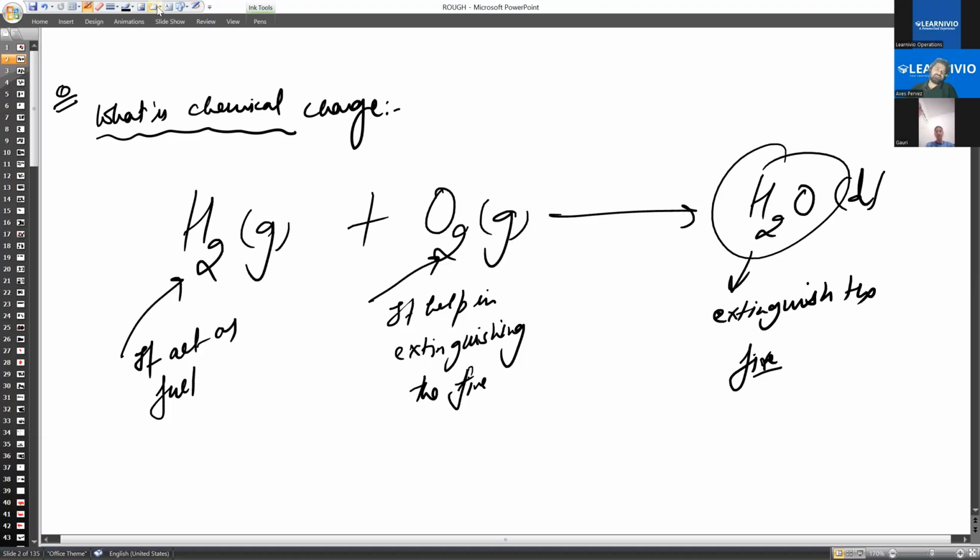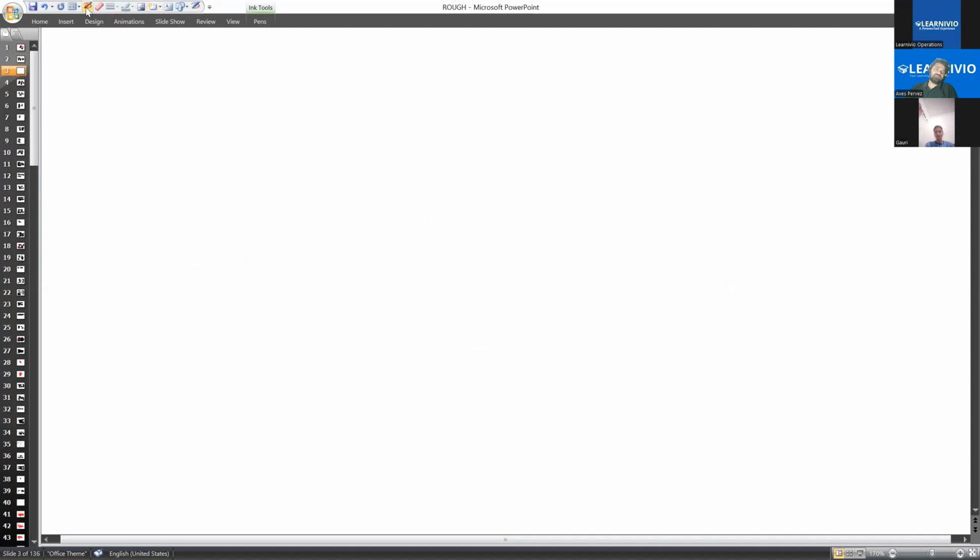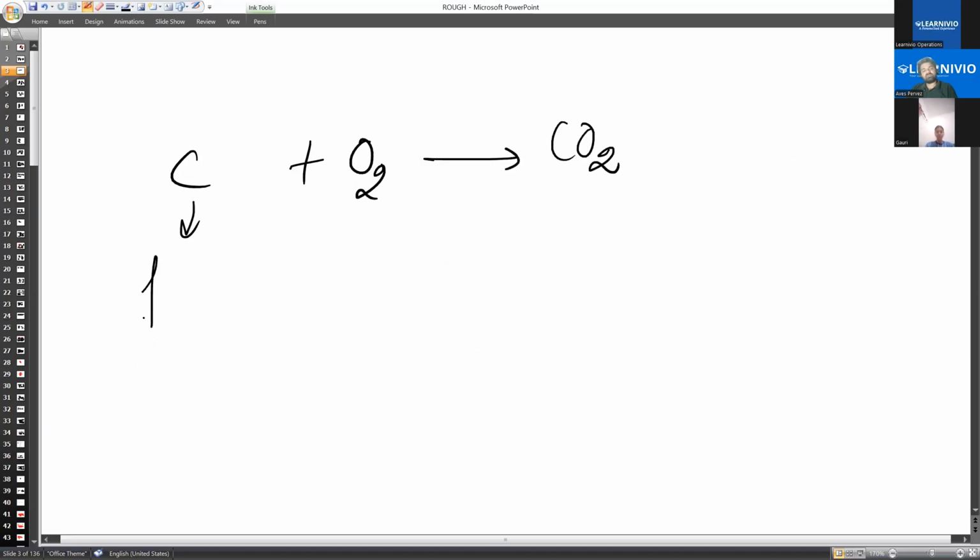Another example: carbon. When carbon burns in the presence of oxygen, it gives you carbon dioxide. First of all, carbon can act as a fuel. You can burn carbon. Carbon is coal, which you can burn easily. Next one is oxygen. Oxygen is a lifeline gas.